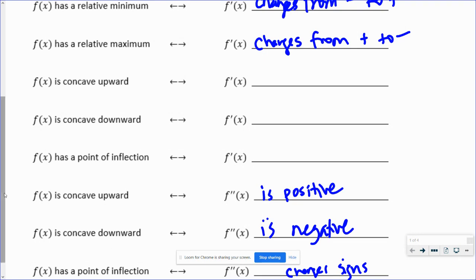Now, let's talk about what this means for f prime. We just said if f is concave down, that means the second derivative is negative. Well, f prime and f double prime have the same relationship that f and f prime have. So if f is concave up and f double prime is positive, that means f prime is increasing.